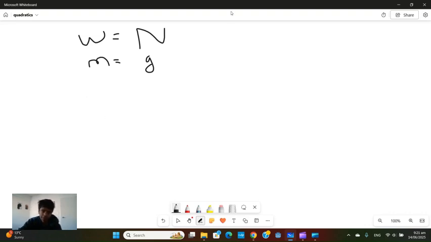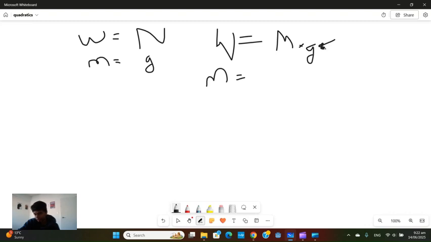So the formula for weight is equal to m times g, and the formula for mass is W by g. And g here, by the way, is the gravitational field strength, which on Earth is 9.8.